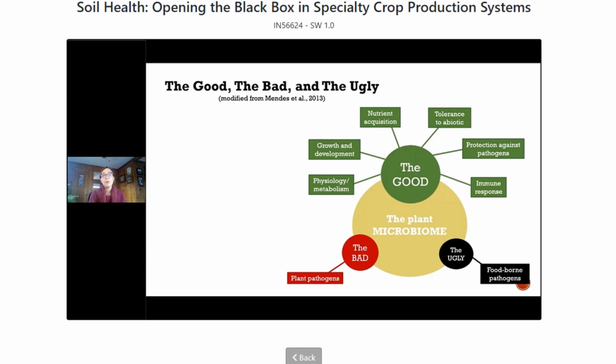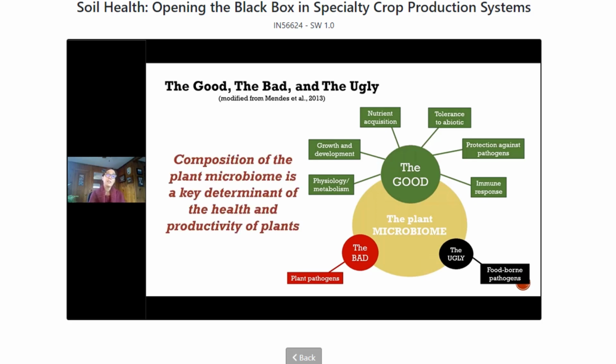But there's a whole lot of other microbes that are interacting with plants, either through the soil or the plant microbiome, that aid in plant health. So they're altering plant physiological properties, helping plants get nutrients, and interacting with these pathogens to suppress them, so keeping the plant and foodborne pathogens off of plants.